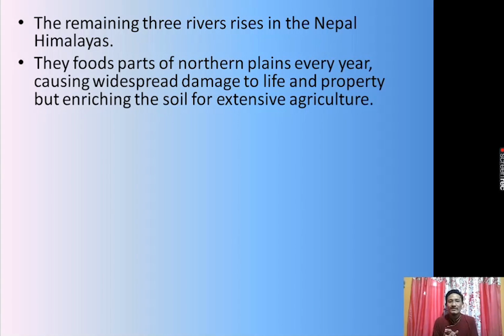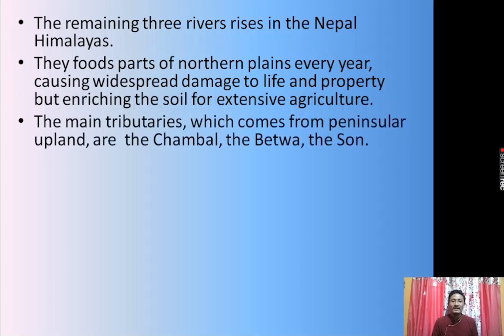From one point, it destroys lots of property and livestock, but at the same time, it enriches the soil quality for new cultivation, it makes the soil renew its fertility for coming cultivation, and it ultimately benefits agriculture and the peasants.